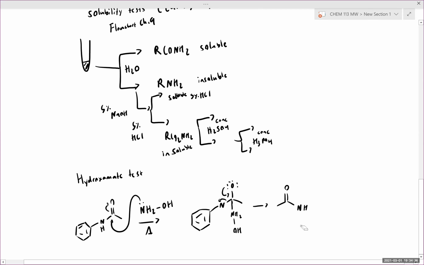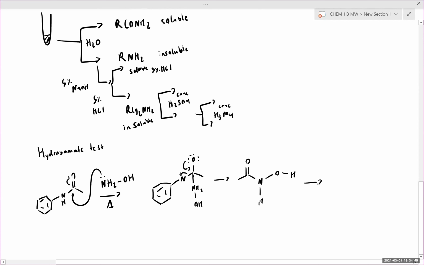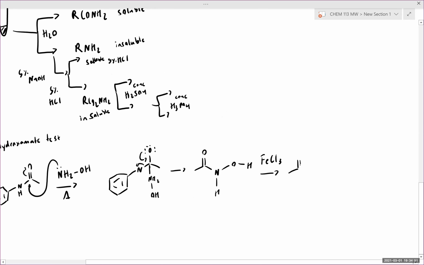The reason why this is important and the reason why this is diagnostic is that when we treat this mixture with a solution of iron(III) chloride, we see coordination of our iron to generate a characteristic red-violet colored solution.